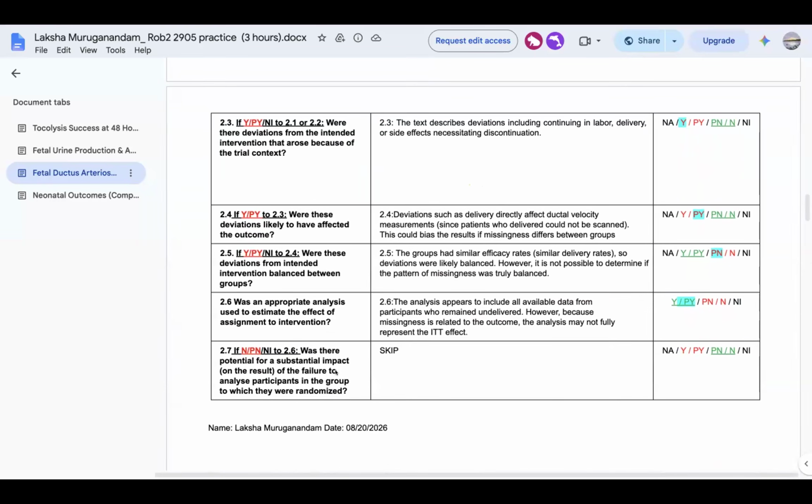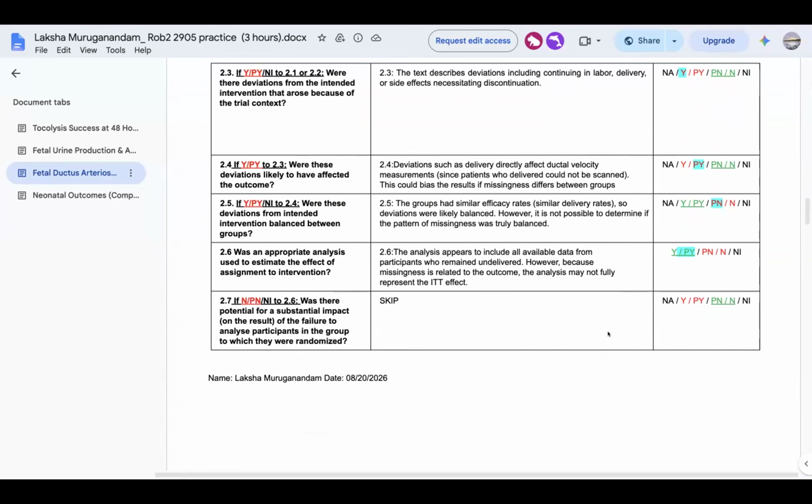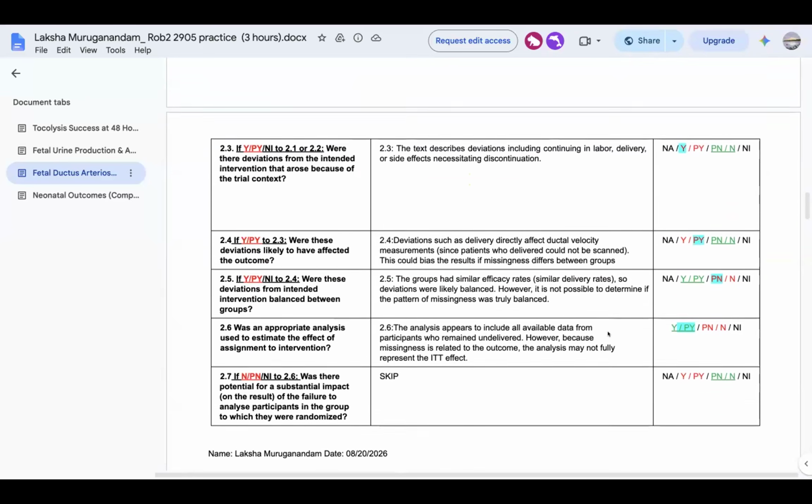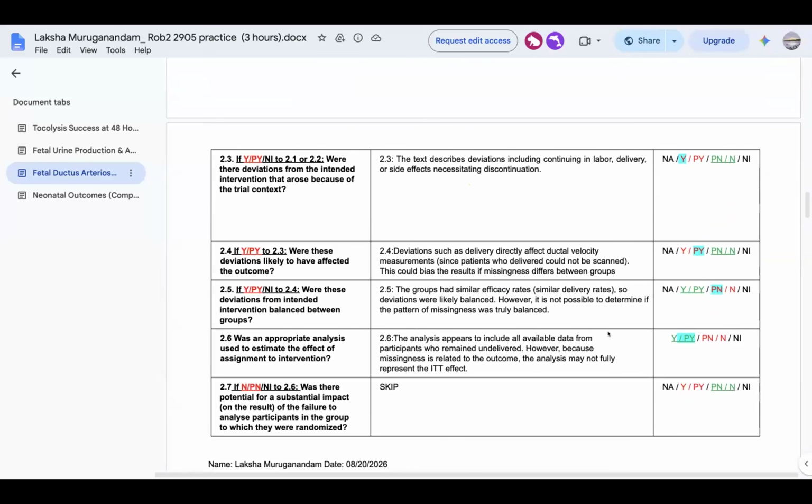2.6, she said an analysis appears to include all available data from participants who remained undelivered. However, because missingness is related to the outcome, the analysis may not fully represent the ITT effect. And then she said PY. I believe we answered yes for 2.6, correct? Yeah. Since we're on the fetal ductal one, that was like they had missing data, I think, right?